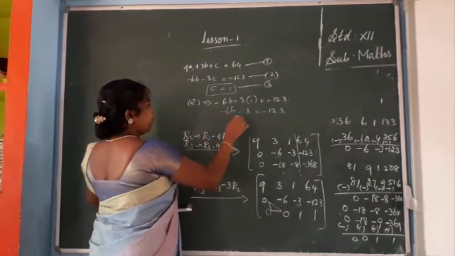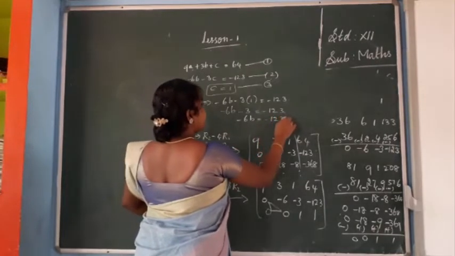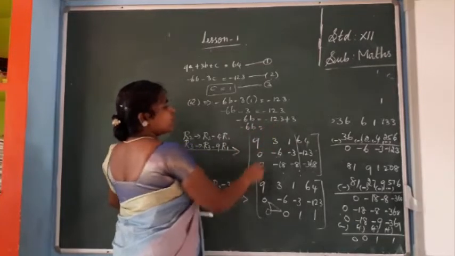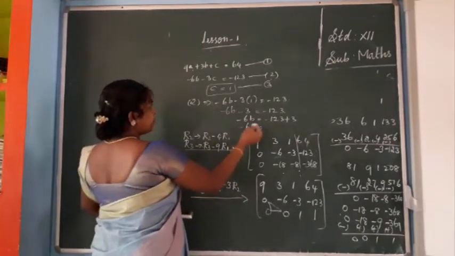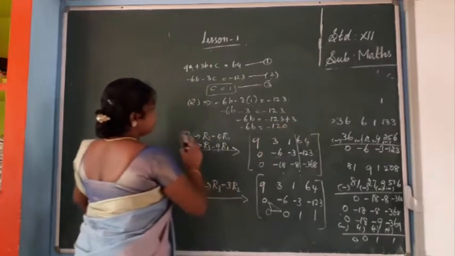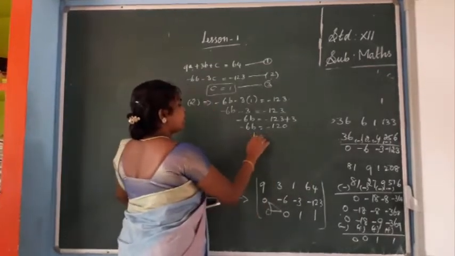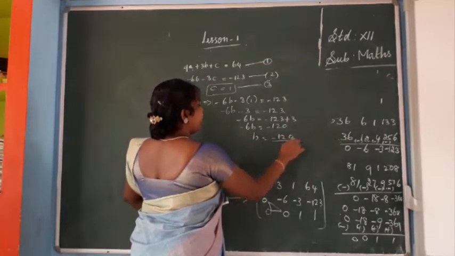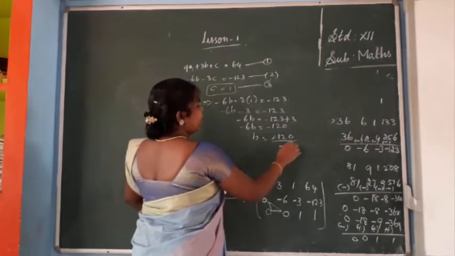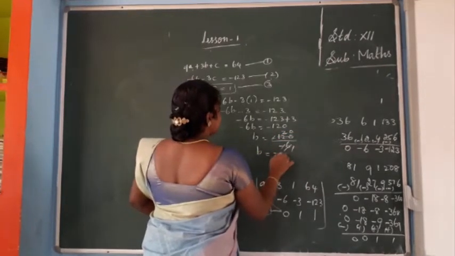Next, minus 6b equal to minus 123 plus 3, which is minus 120. Next, b equal to minus 120 by minus 6. Simplify: minus minus cancel. 6 2s are 12, 0. So b equal to 20.